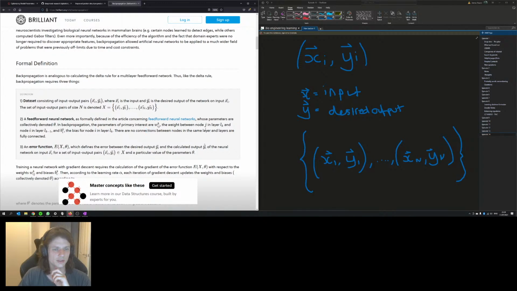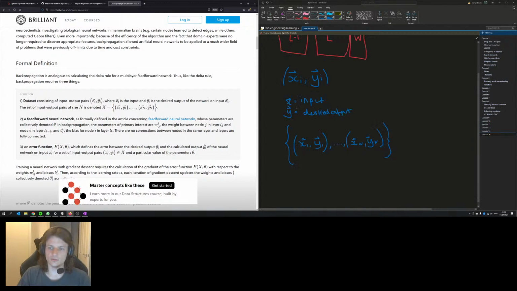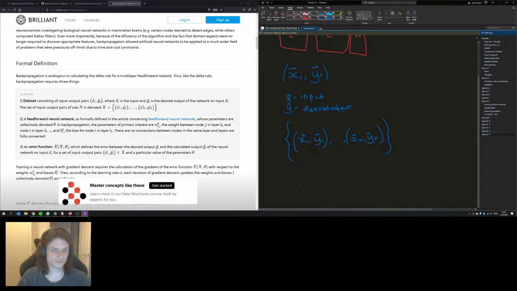There are no connections between nodes in the same layer, and layers are fully connected. So if you have these neurons, this does not happen, only this.